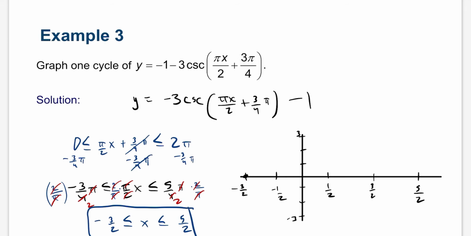First we go down to negative 3, then to 0, and then back up to positive 3, and then back to 0. So here is our dashed line. This is the sine graph. And then there are always asymptotes at the x-intercepts, which would be there and there.